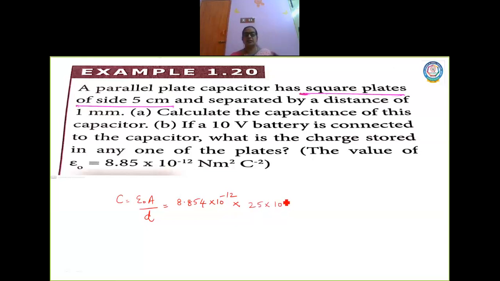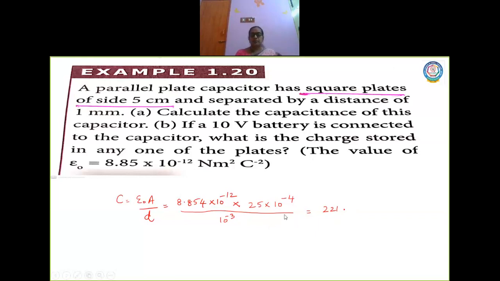So it has to be converted into meter. So you have 25 into 10 power minus 4 divided by, what is D? D is 1 millimeter, which is 10 power minus 3 meter.